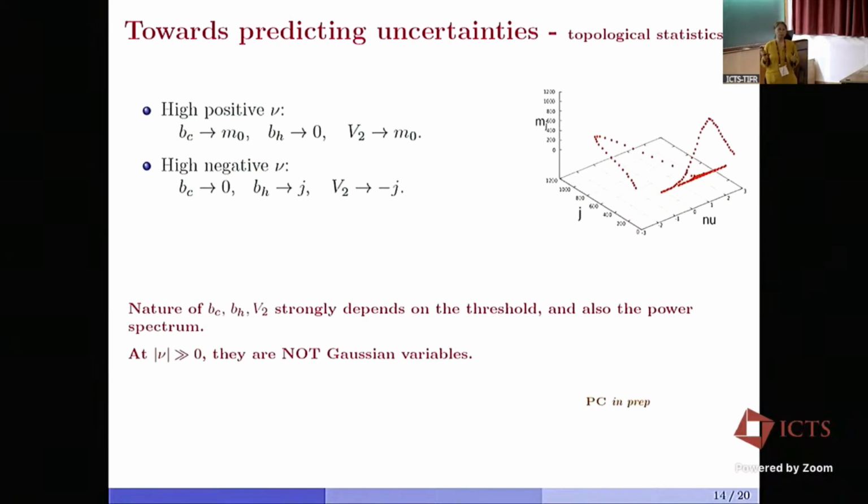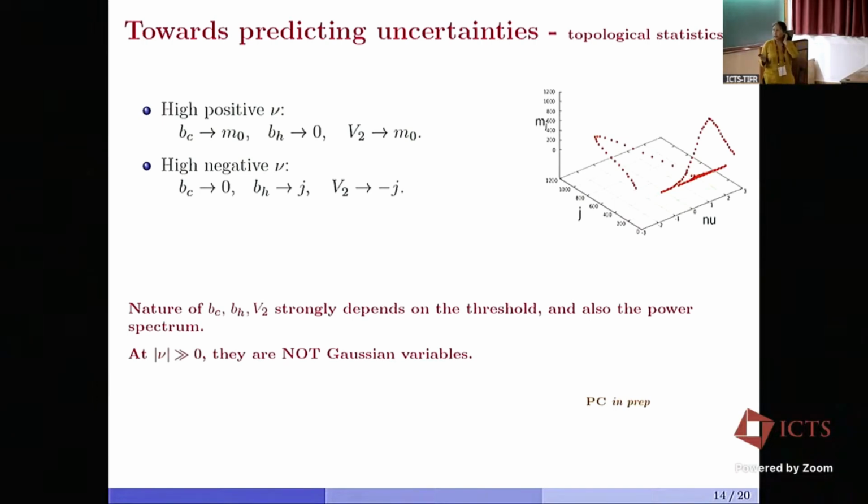In that limit you can hope that they will tend to be Gaussian variables. So that's a hope.